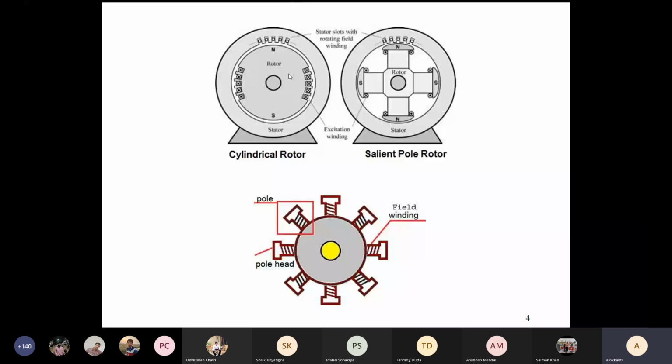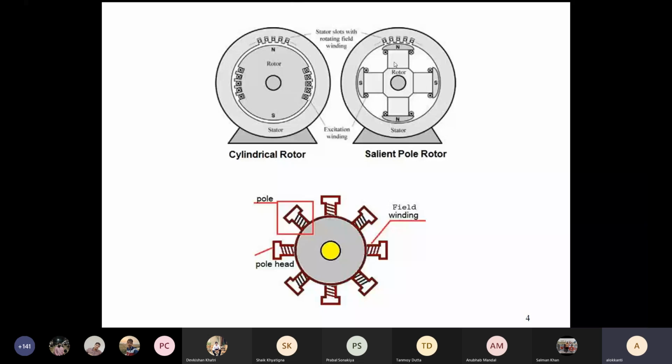Similarly, as I said, more than two poles are possible: four poles, six poles, and so on. The right figure shows four poles, which will look like this: north, south, north, south. The polarity is created by the windings, by the coils, and by the direction of the current flow. So it is north pole, south pole, north pole, south pole.